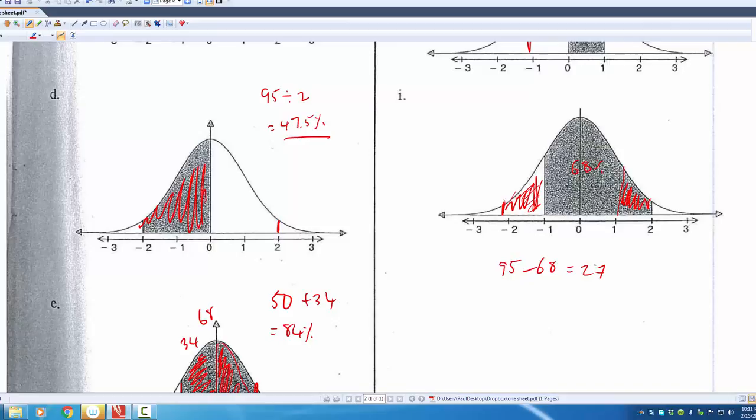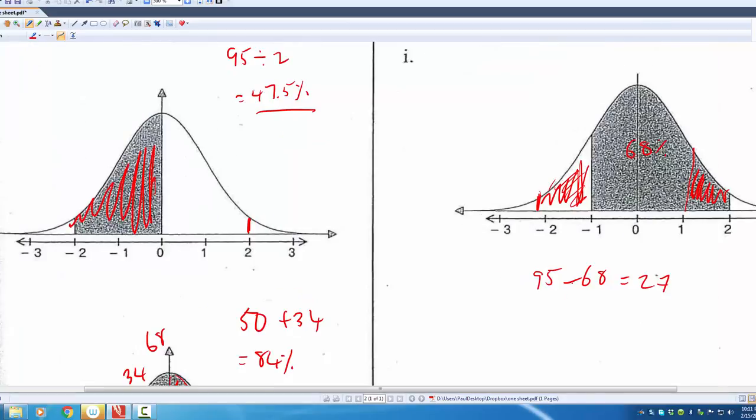But I know one of the bits. It's a normal distribution curve, which means they're balanced on both sides, which means I can go 27 divided by 2 is 13.5. So this bit here is 13.5. I'm going to go 13.5 plus 68 equals 81.5%.